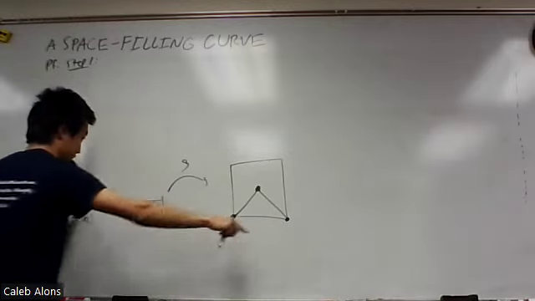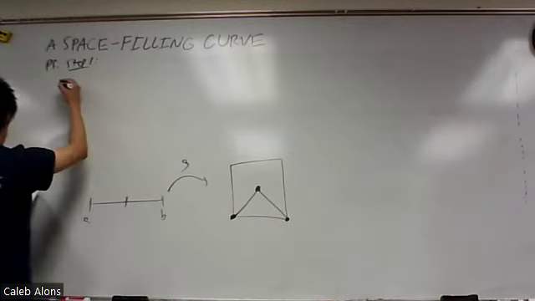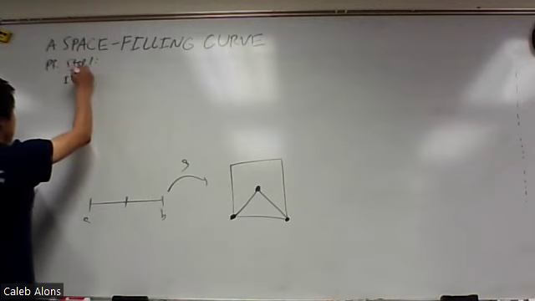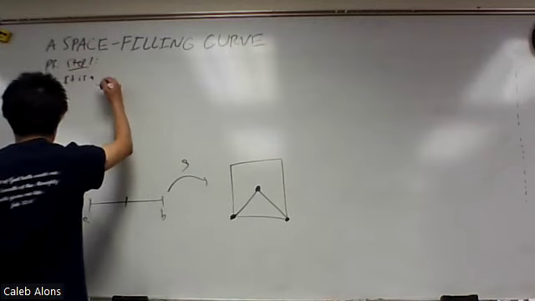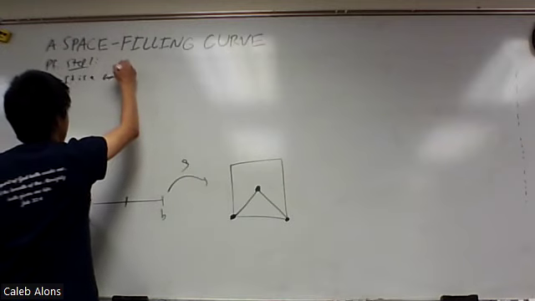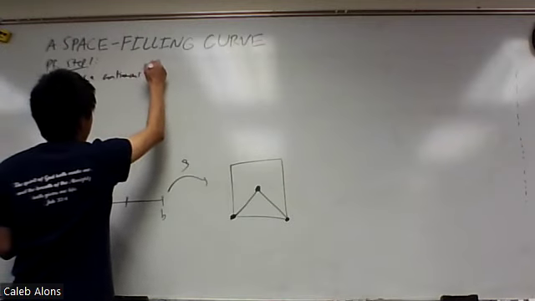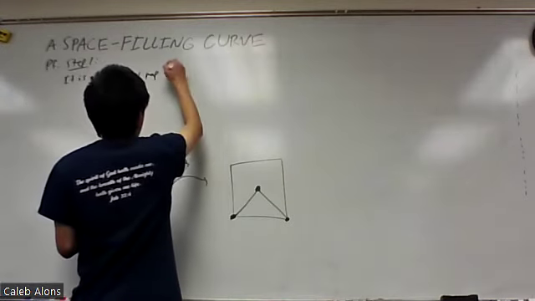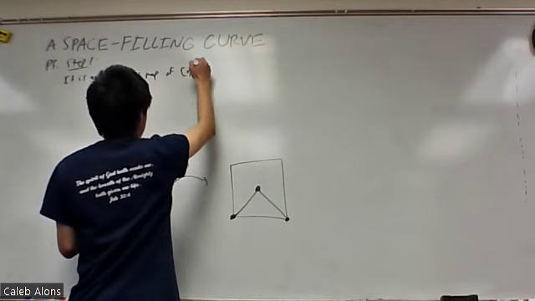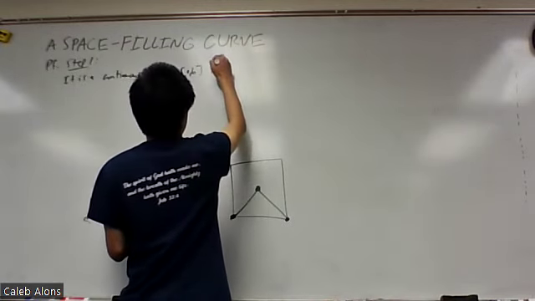So we first see that it's going to be continuous. There's no break in that. It is a continuous path of our closed interval A, B into the square.